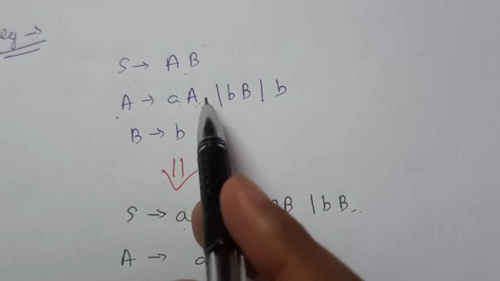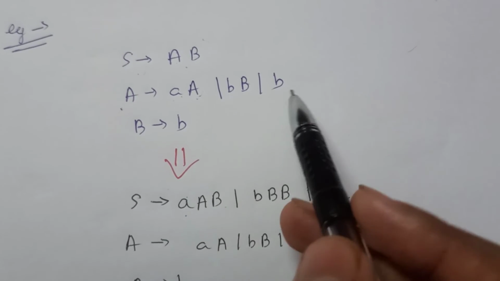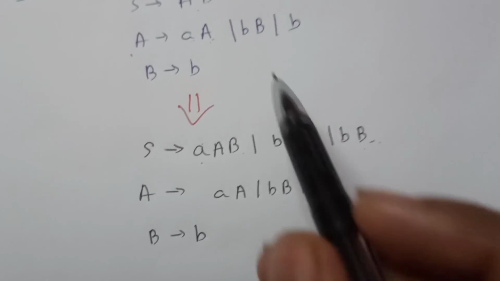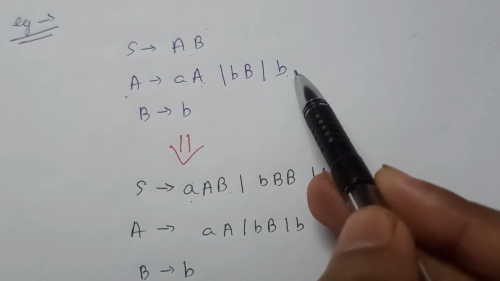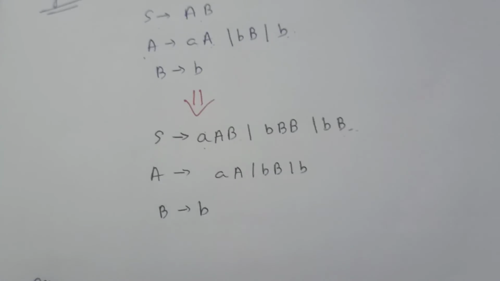Now the second part is obviously already in Greibach normal form, one terminal and then variables, and here there is only one terminal and zero variables. This is also okay, and same for the B. So this is done.